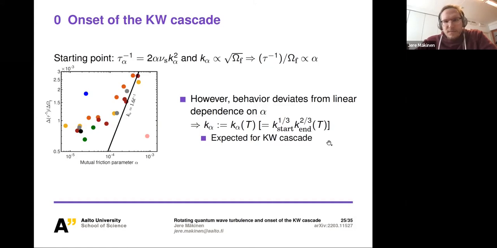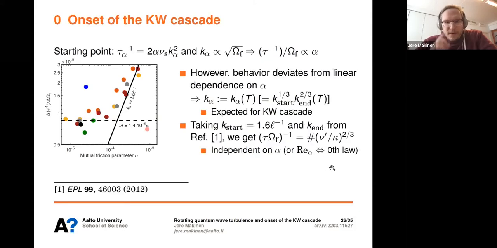All right, so what else can we learn from here? If we take this value here, which seems to be a good fit for the higher temperature data, and then we use some estimate for the end wave vector for the Kelvin wave cascade from this reference, we can deduce that this rotation velocity or vortex density normalized dissipation rate has this form.